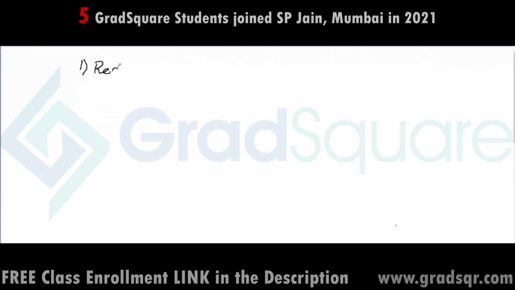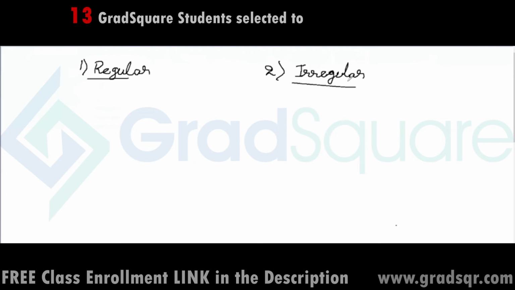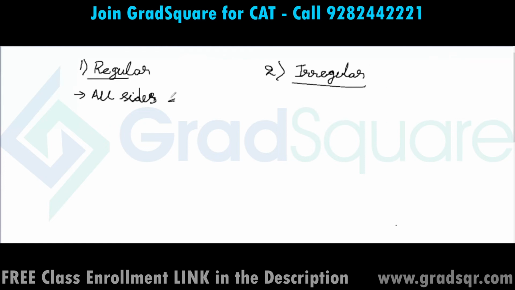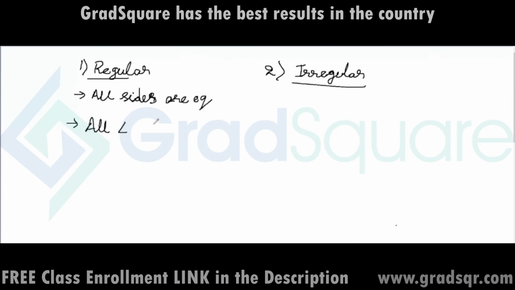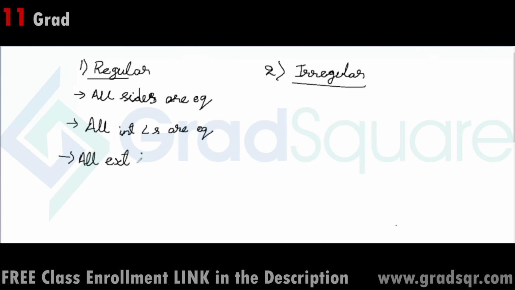You can either have regular polygons or you can have irregular polygons. So what are regular polygons? Regular polygons are those polygons in which all sides are equal, all interior angles are equal, and all exterior angles are equal.